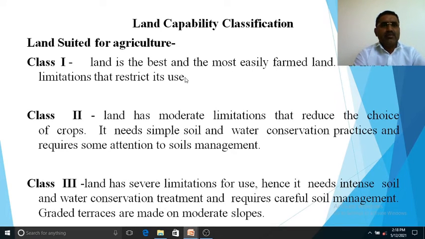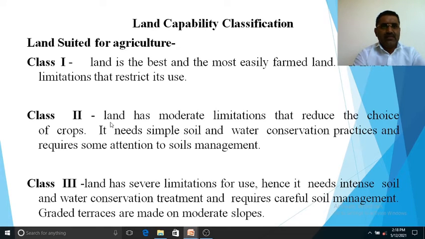It has few limitations that restrict its use. This first class is very favorable, very easy to farm, because there are very few limitations which restrict the practice of agriculture.